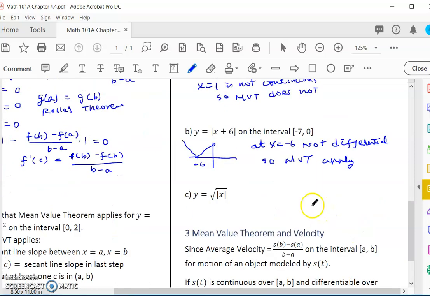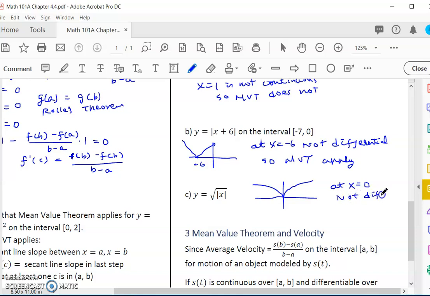The last one is the square root of the absolute value of x. I don't know if you know how to graph it. It's actually graphing square root of x left and right because you take the absolute value. So even if it's negative, I can now graph this. At x equal to 0, it is not differentiable, right? It's a corner, so not differentiable.